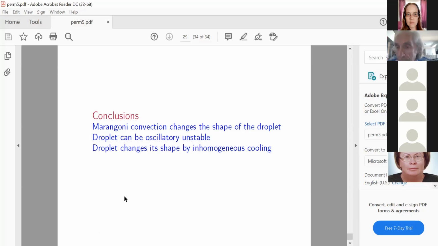Dear Alexander, your calculation relates to non-dimensional parameters. What can you say about the characteristics of this drop for real physical parameters? We consider two kinds of Marangoni instabilities.